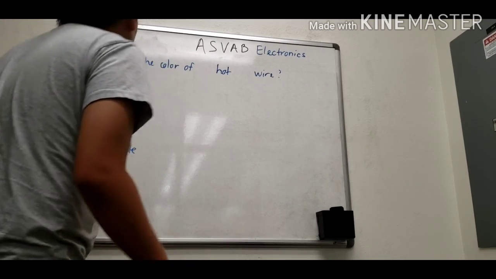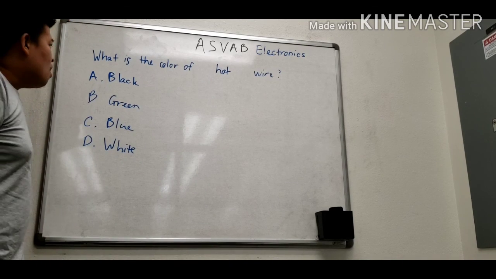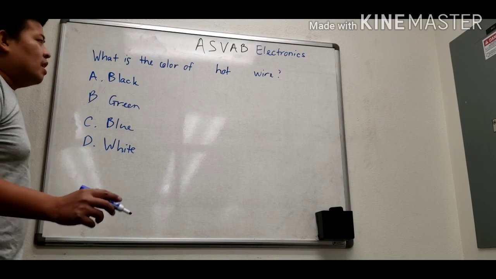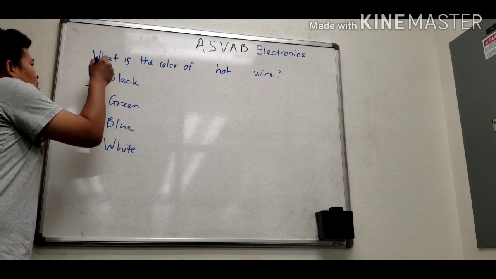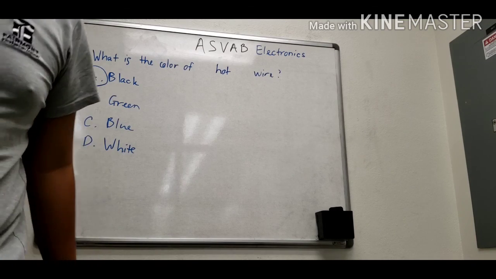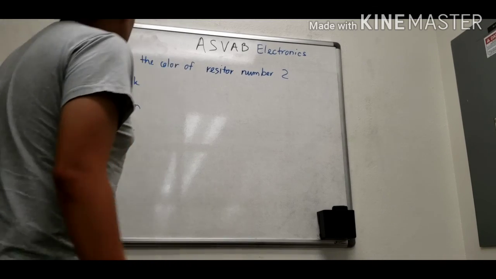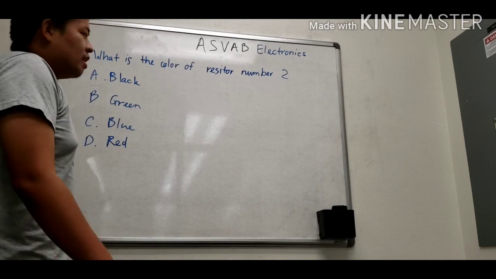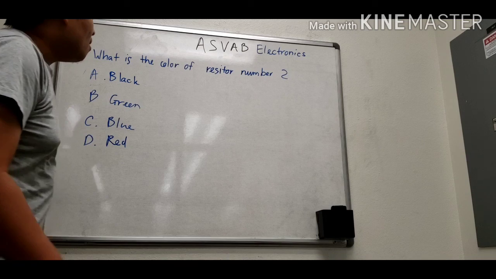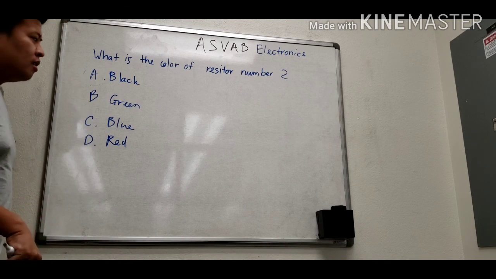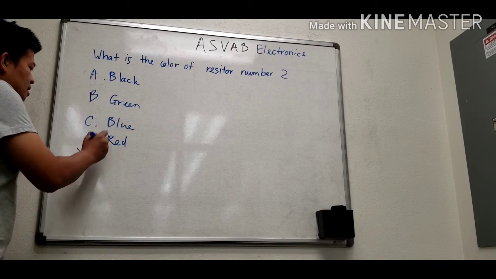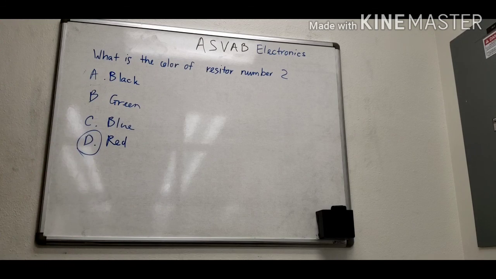The next question, what is the color of the hot wire? If we study that, we choose A as the hot wire. So, what is the color of the resistor? Number 2. If we study the color of the resistor, we learn that it is D. So in the real ASVAB, they just ask like this.